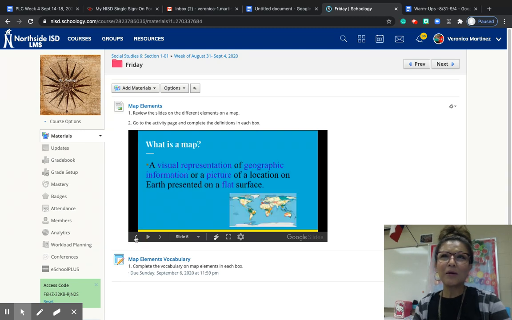So what is a map? A map is a visual representation of geographic information or a picture of a location on Earth presented on a flat surface. So a map is used for you to determine where you're going. You can see countries, cities, states, even bodies of water and physical features that are located in that area.